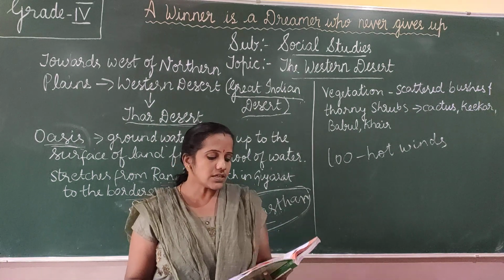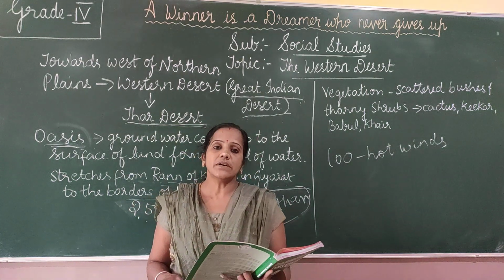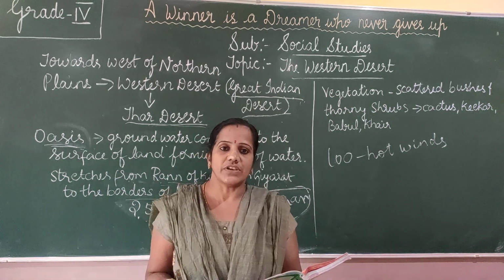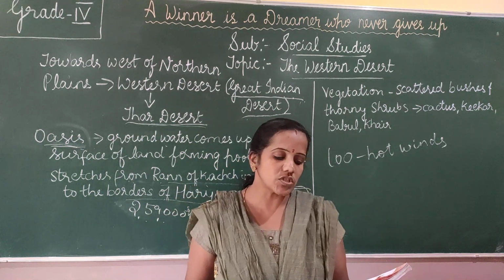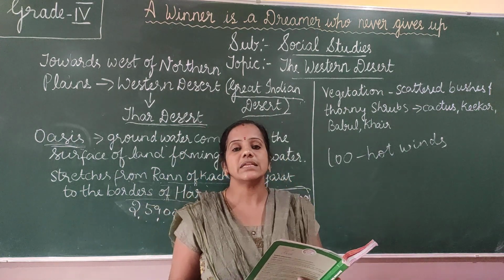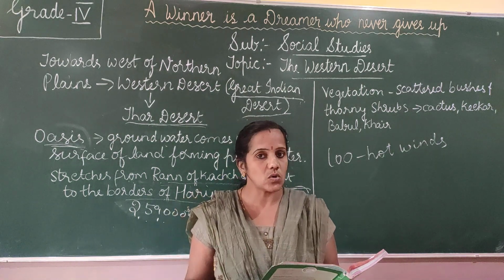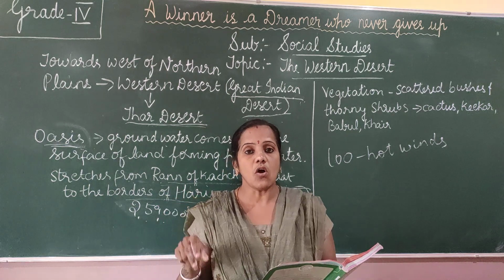So the desert plants have some features. So what are they? The trees have long roots which go deep into the soil in search of water. The plants and trees which are grown in this desert region will be having long roots.